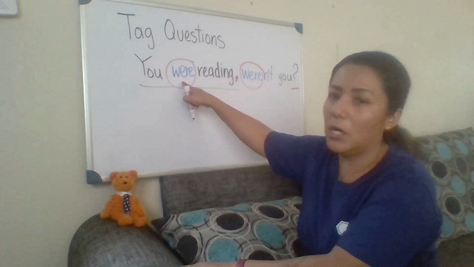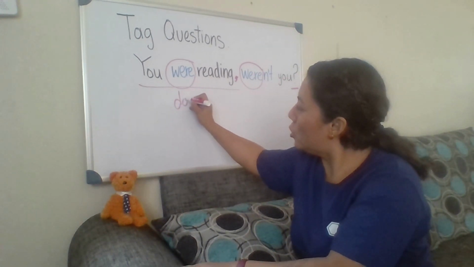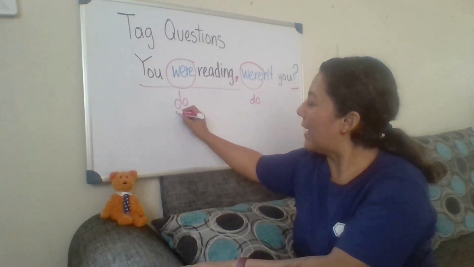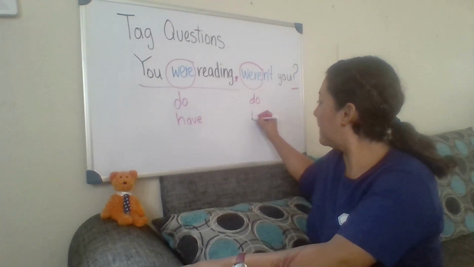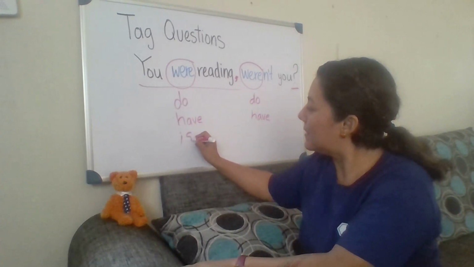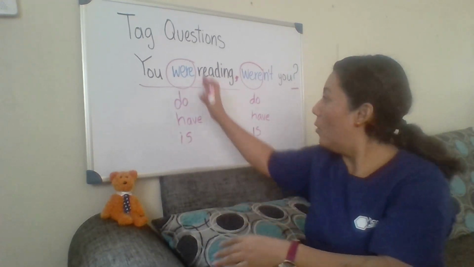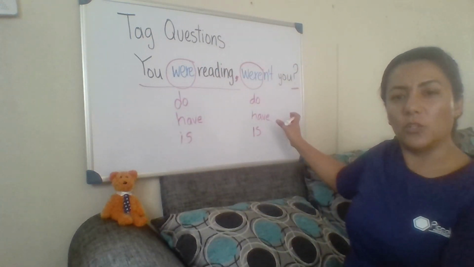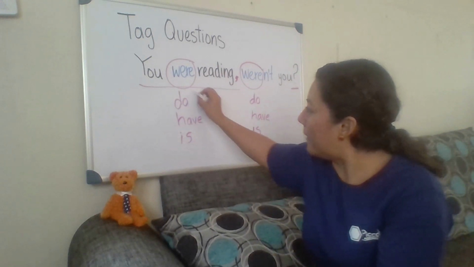If you're using were, you repeat were. If you're using do, you repeat do. If you're using have, you repeat have. If you're using is, you repeat is. And like that. Whatever helping verb is here, you put it in your tag question. You repeat, you keep it. That's another word, keep.